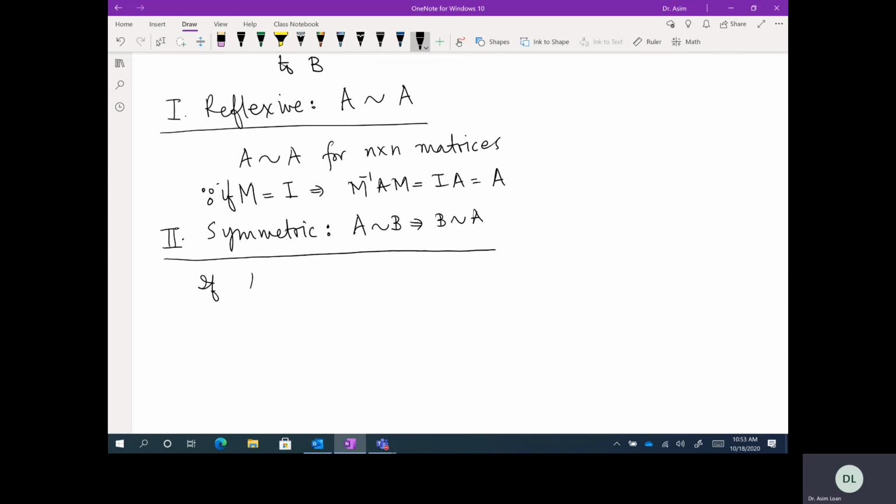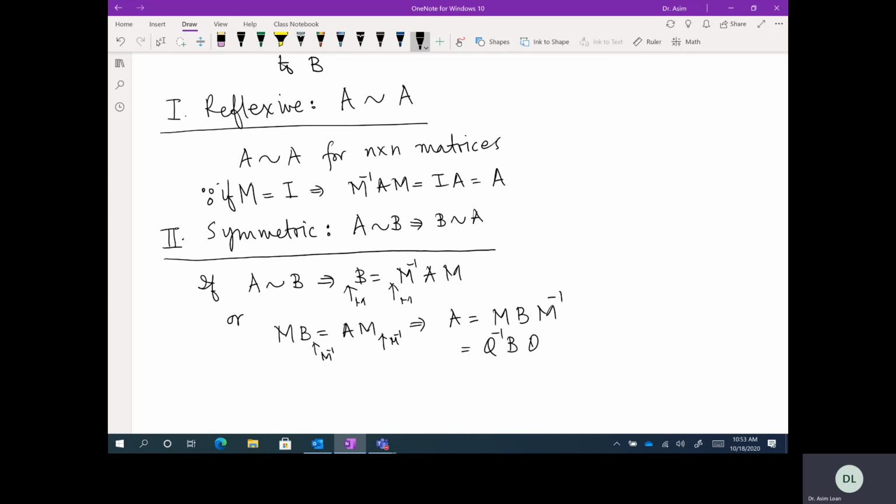So if A is similar to B, this implies B is equal to M inverse A M. If I multiply M on this side, I get M B equals A M. Or I can multiply M inverse on this side, so this implies A equals M B M inverse, which is equal to Q inverse B Q, where Q equals M inverse.